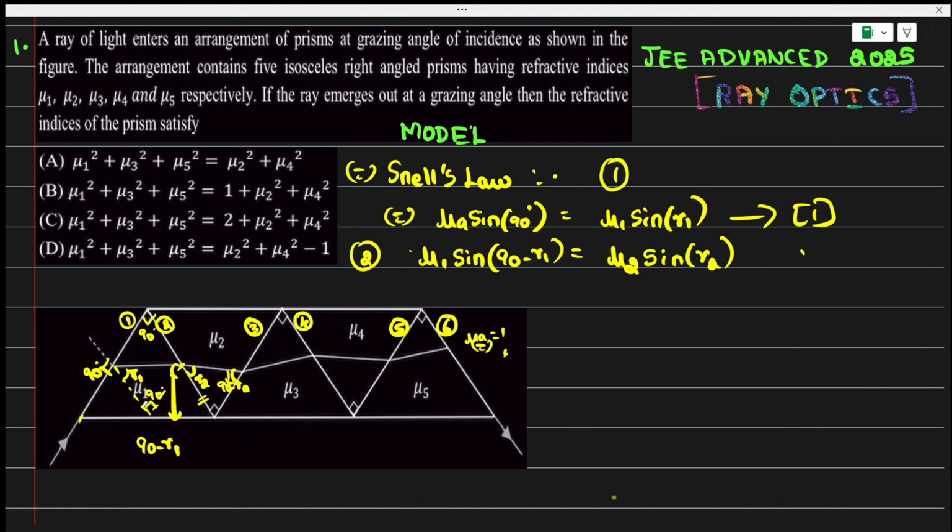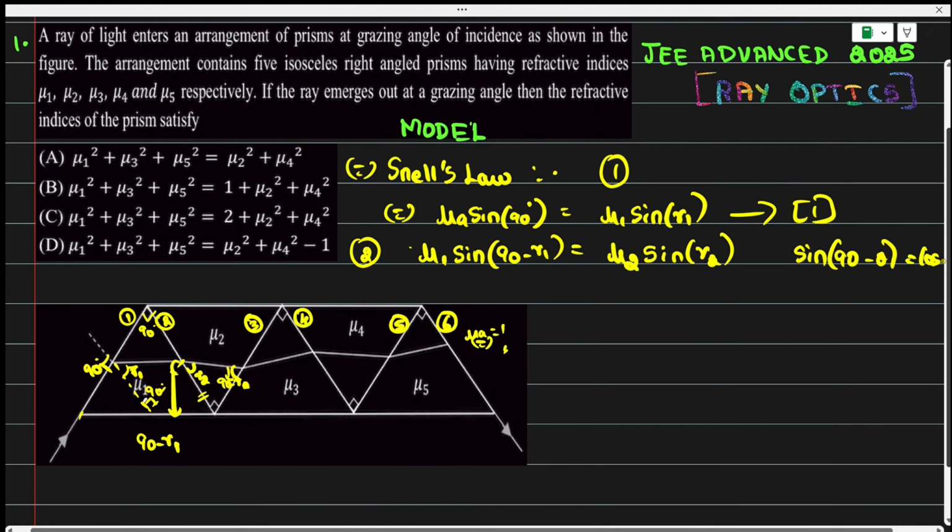Since we know the fundamental trigonometric formula, sine of 90 minus theta equals cos theta, mu1 into cos r1 is equal to mu2 into sine of r2. Let's say this is equation 2.